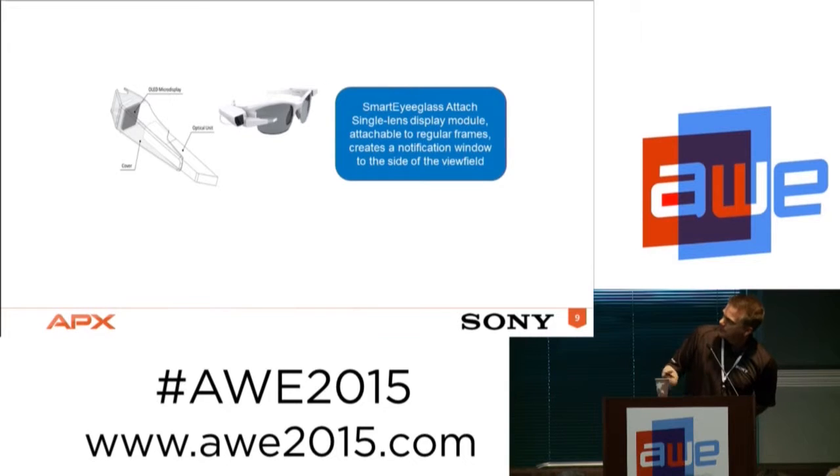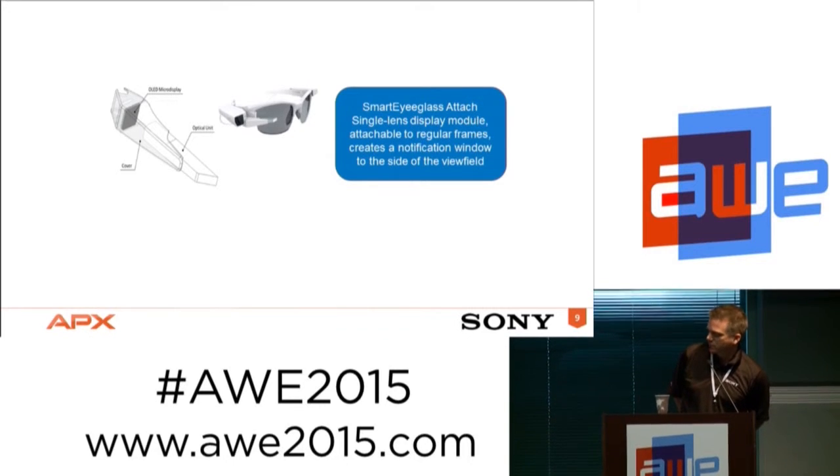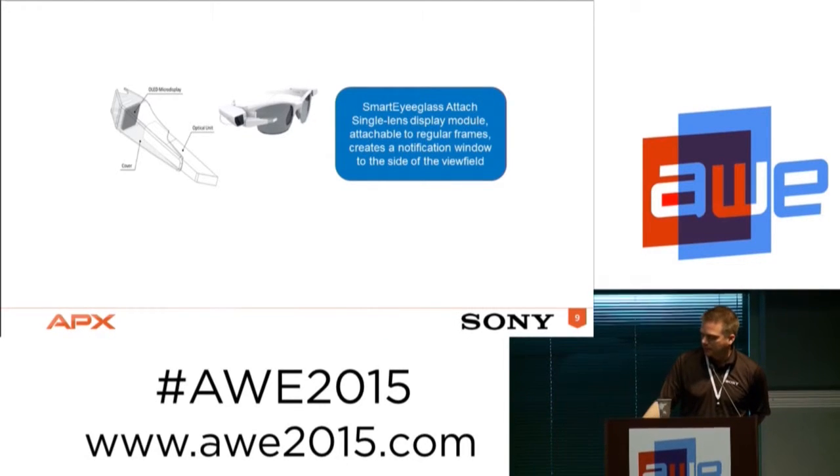Let's see. This is a picture of the smart glass attachment that we're also showing downstairs, and I would say this concept is not as mature as the first one. Oh, I should also say that the first version of the glasses that I showed is actually for sale right now. You can buy a limited edition.